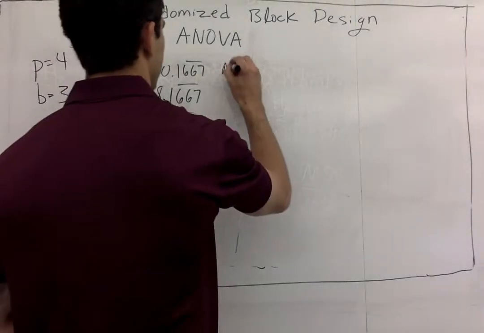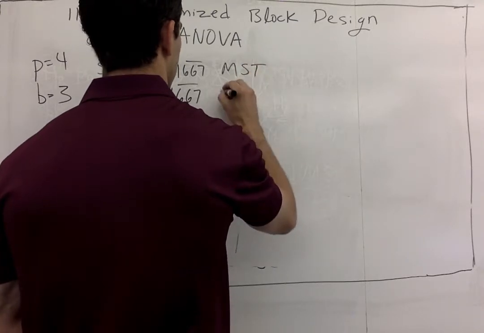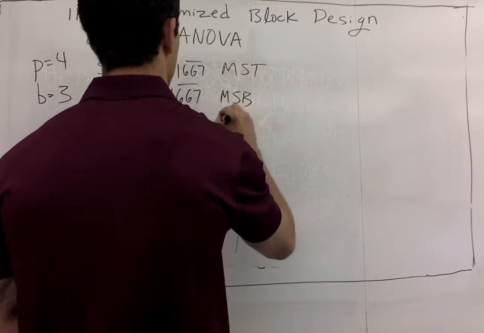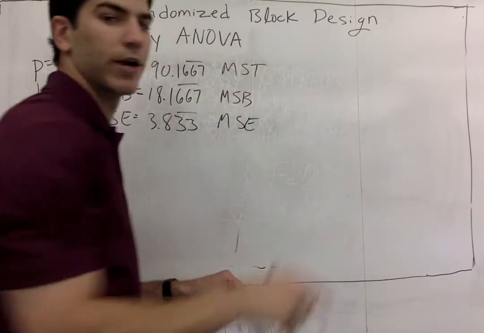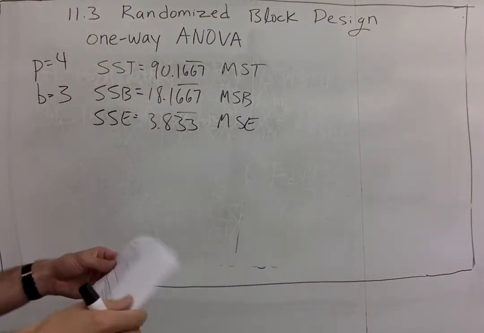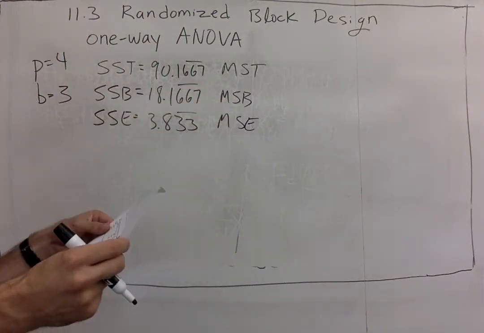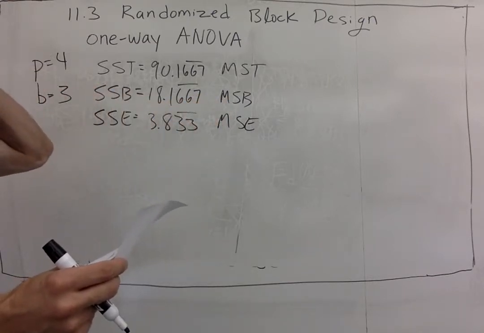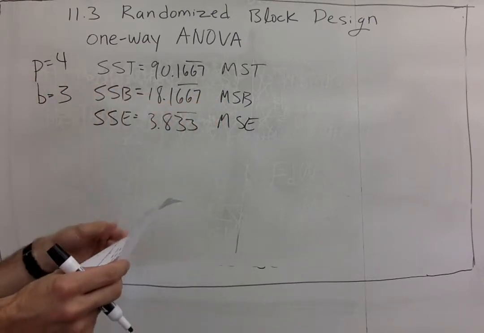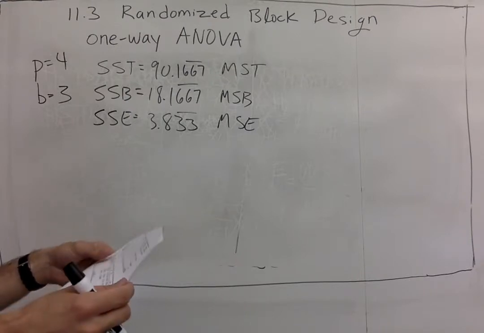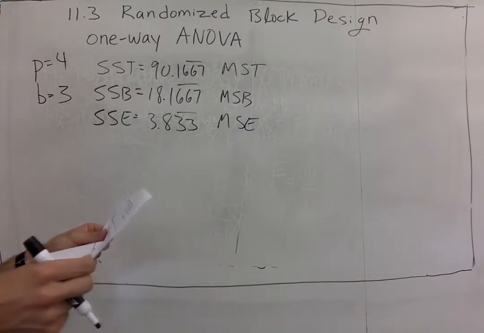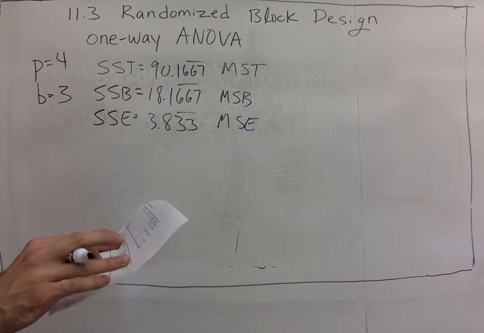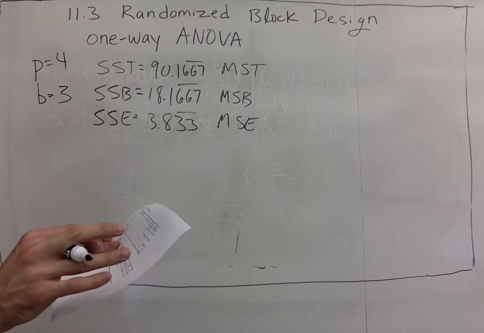It also gives you the MST, MSB, and MSE. I'm not going to write them out, but you can see MST is the 47.43, MSB is the 9.0833, and then MSE is 0.638889. And then we're given F statistics, P values, and critical values.